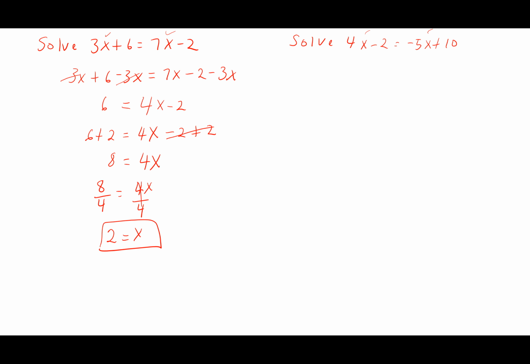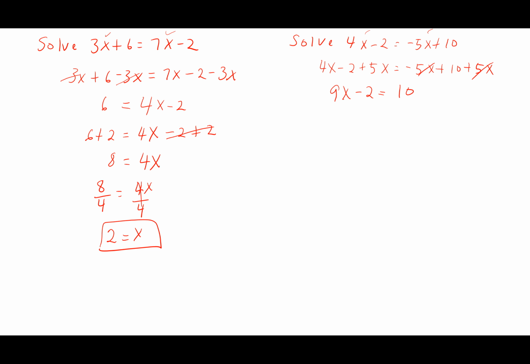Alright, so the first thing we're going to do is we're going to add 5x to both sides. So this is going to be 4x minus 2 plus 5x equals minus 5x plus 10 plus 5x. So that's going to do away with that. And then here you're going to have 9x, 4x plus 5x is 9x, minus 2 equals 10. Okay.